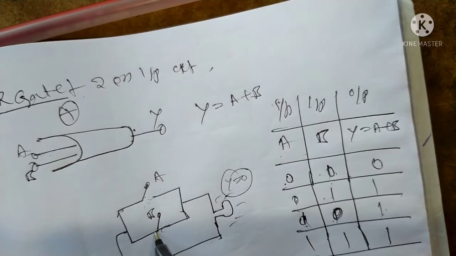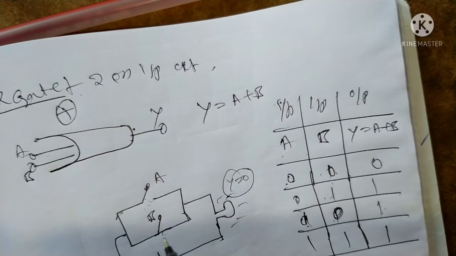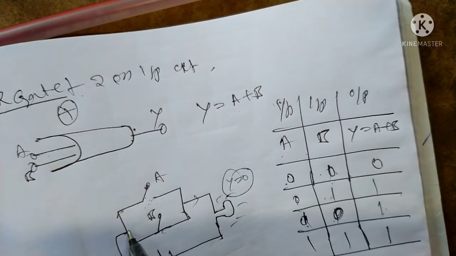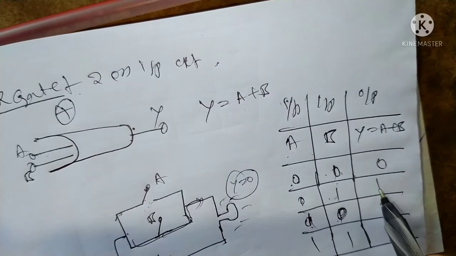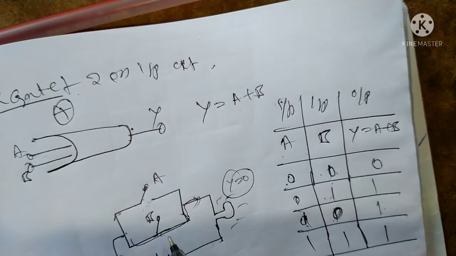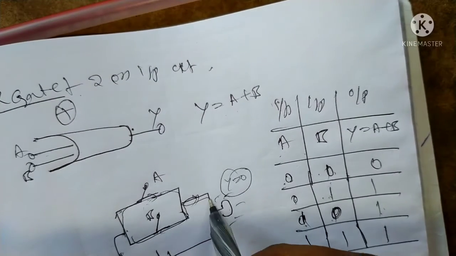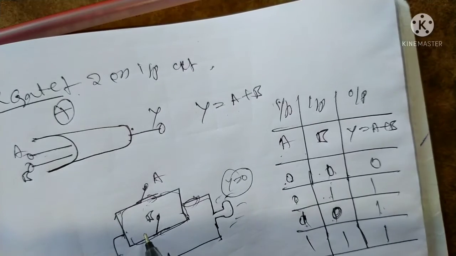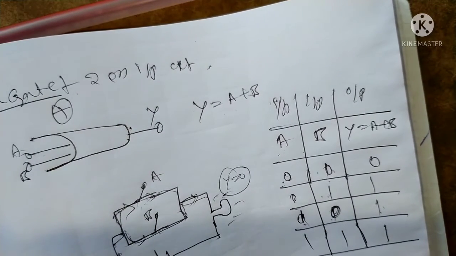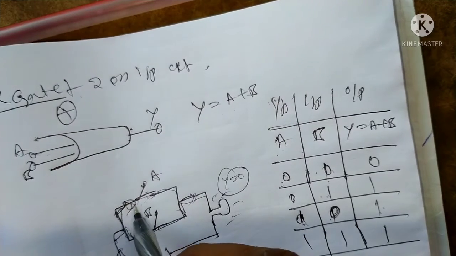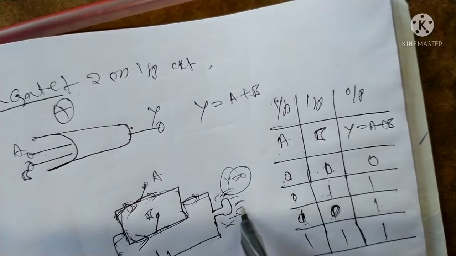Suppose B is connected. With only B connected, current passes through the circuit like this, and we get the output in the on state, high. If A is on and B is on, the current is divided into parts, some going this way and some going to the bulb, so the LED glows.